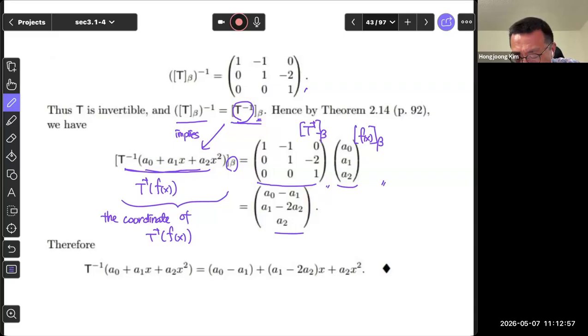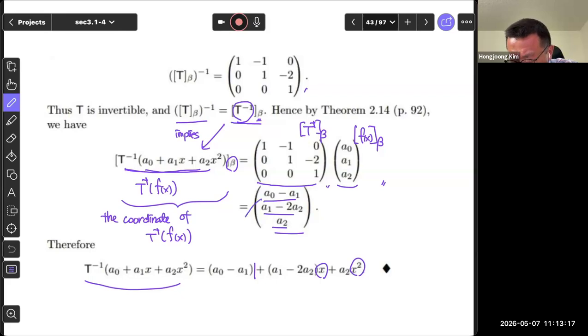That means if you want to construct this T inverse of f of x, you can construct a linear combination of the basis vectors using those numbers as the weights.